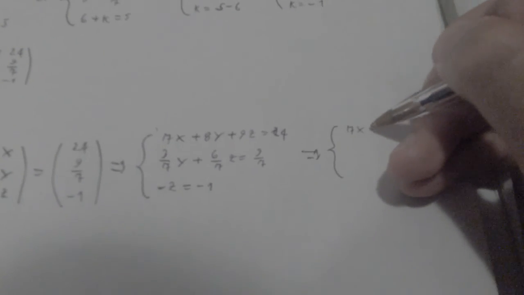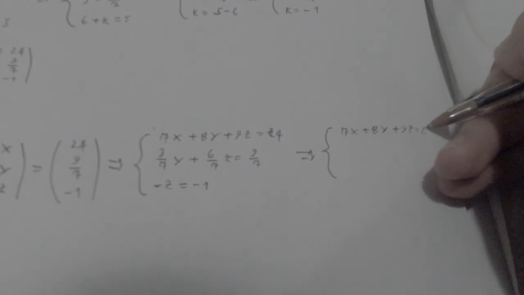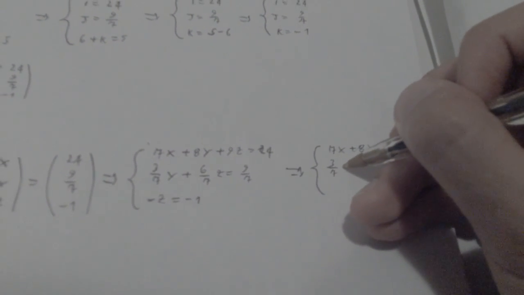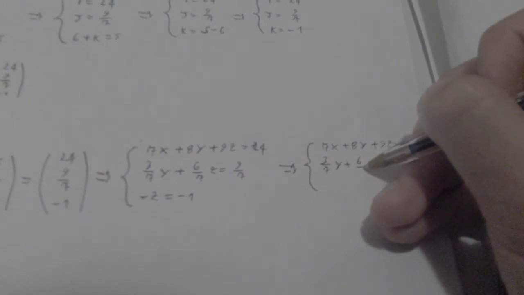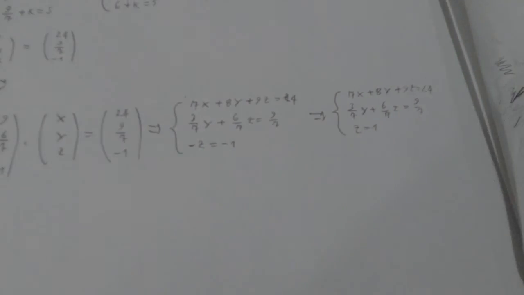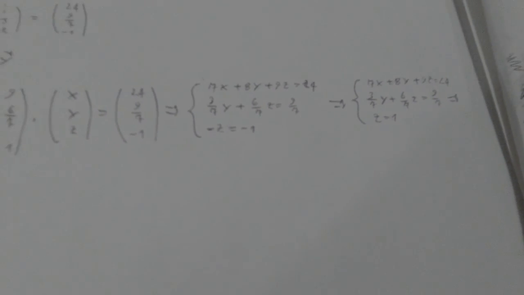Therefore, we have 7x plus 8y plus 9z equal to 24, 3 over 7 y plus 6 over 7 z equal to 9 over 7, and then z equal to 1. And then we're just gonna go on.